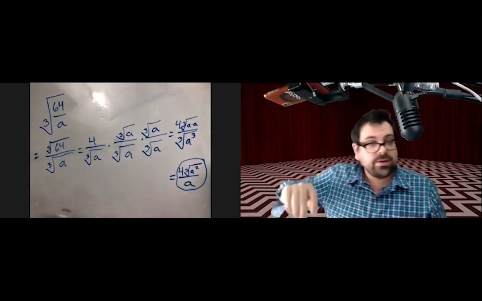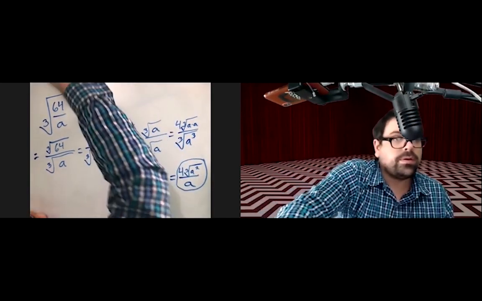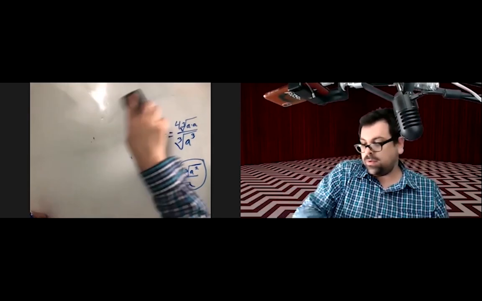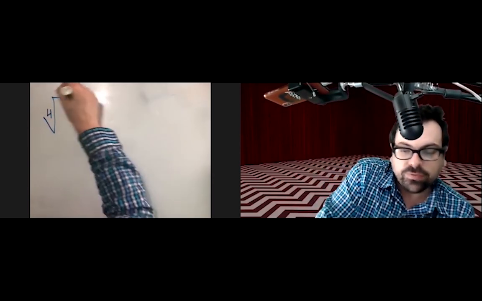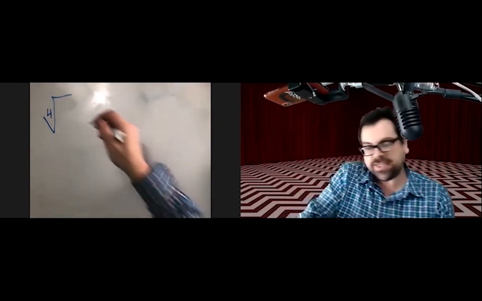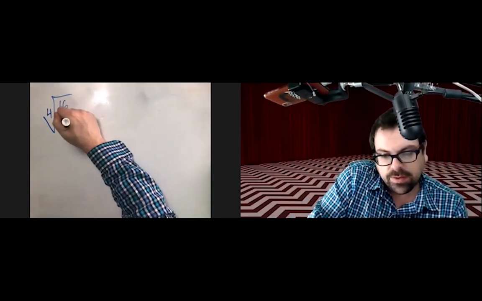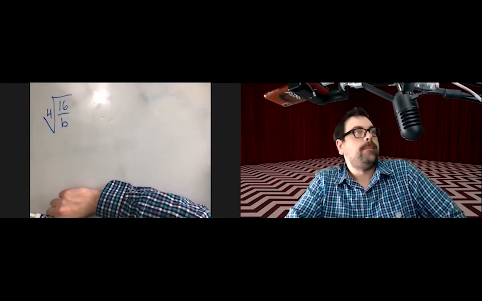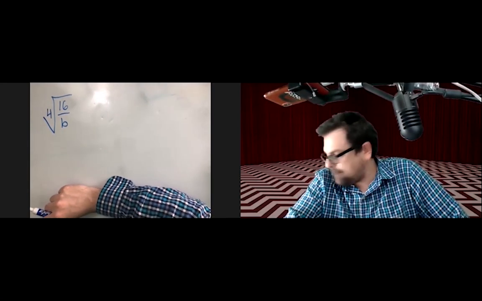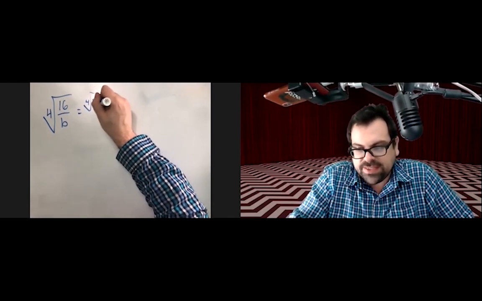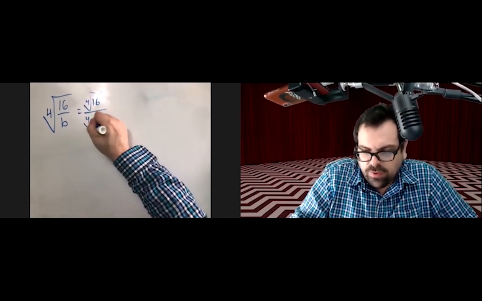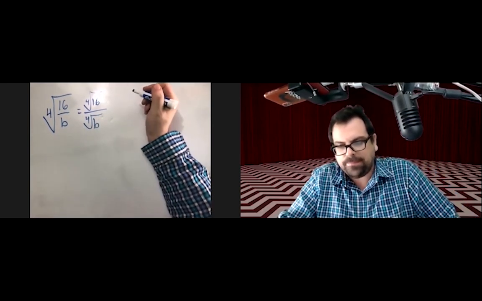I'm going to do another. This time I'm going to do the 4th root of 16 over b. Which would be the 4th root of 16 over the 4th root of b.